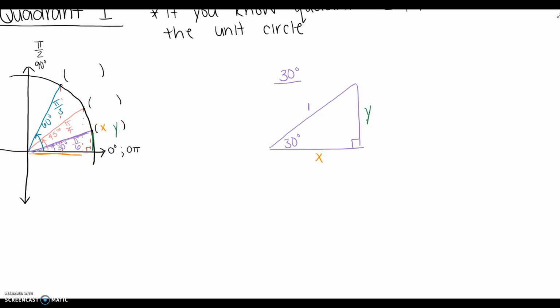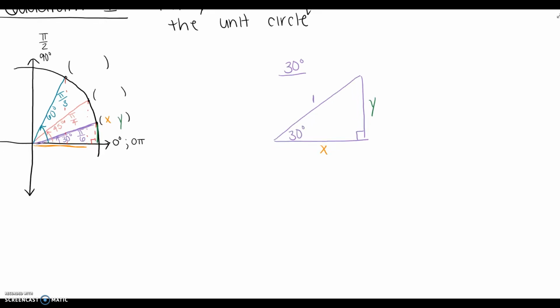And now it's just a special right triangle. I know that the side across from 30 is a, the side across from 60 is a root 3, and across from 90 is 2a. So I can use my special right triangle and figure out that a has to be 1/2.